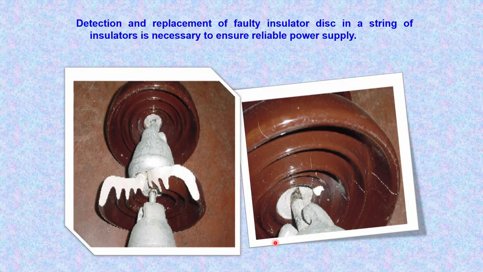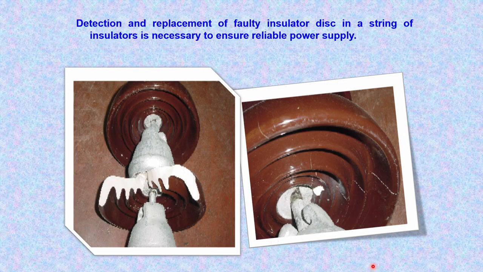So, taking this decision by the utility engineers is very important. So, we have tried to analyze the failures or discs which are faulty in nature, from a very low voltage to the ultra high voltage strings. So, we will be looking into this.